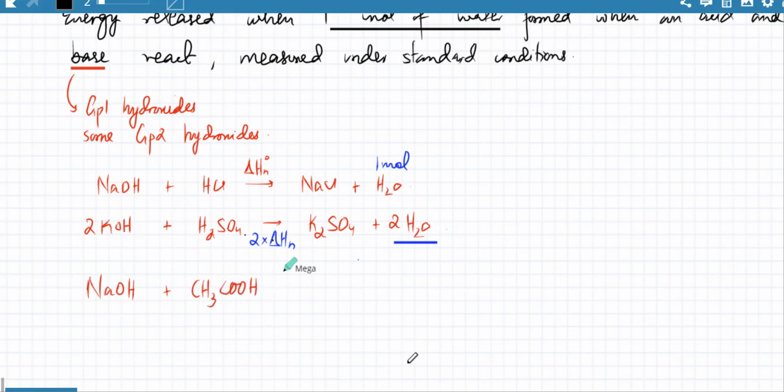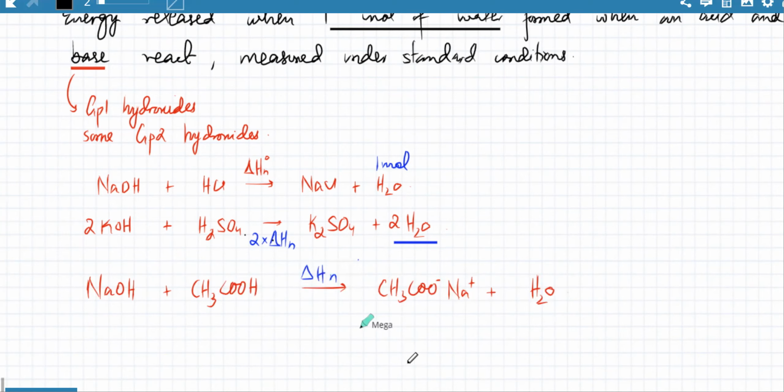That's also referred to as your acetic acid. So it's going to produce a salt, which is going to be this one, plus a water molecule is produced. And since 1 mole of water is produced, that's enthalpy change of neutralization.